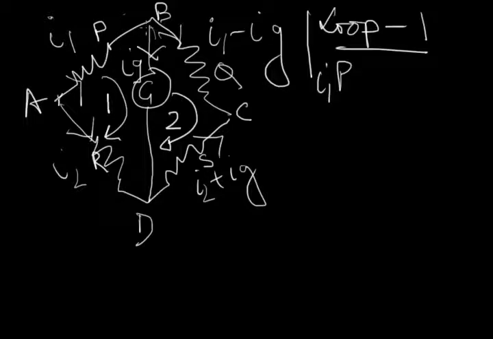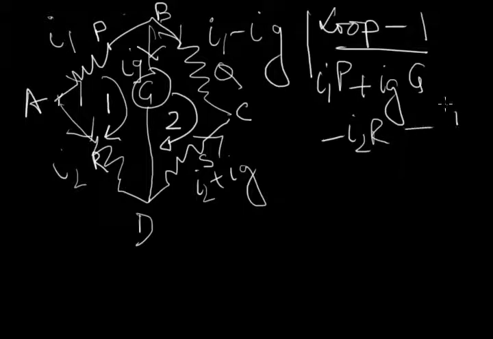Then as I can see, the current goes here, I am also going here, and the current is going here in the same direction. So it is Ig into G, where G is the resistance of the galvanometer. Now, when I am going in this direction, the current is coming from the opposite direction. So it should be minus I2R. So this is my equation 1.